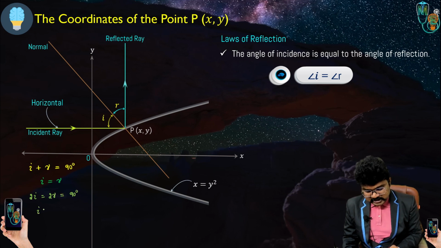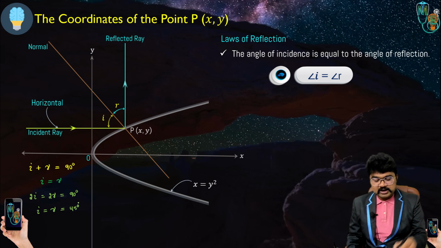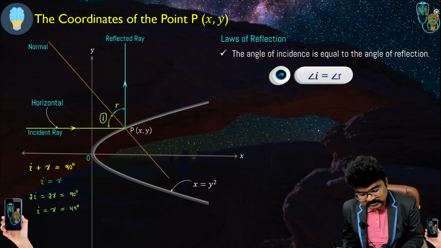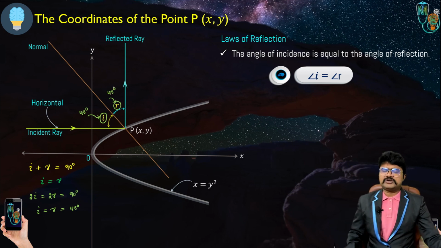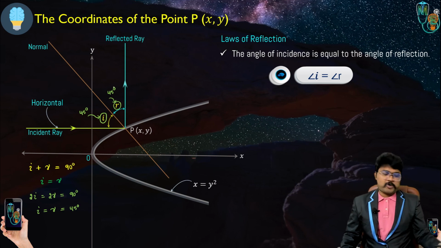Then I equals R equals 45 degrees. I and R both are 45 degrees. This is 45 degrees, and this is also 45 degrees.